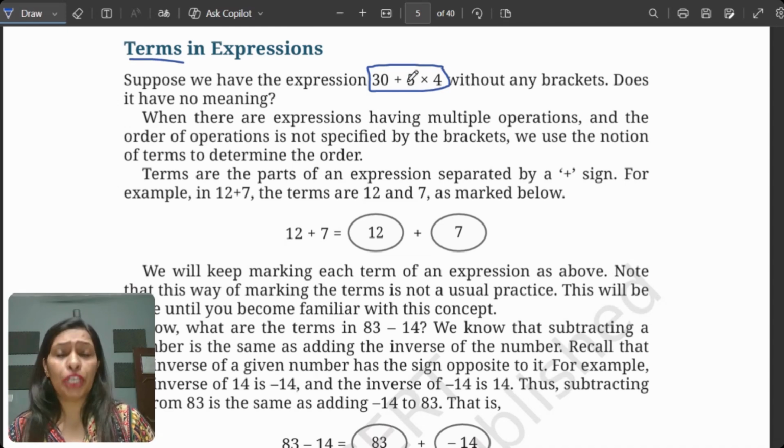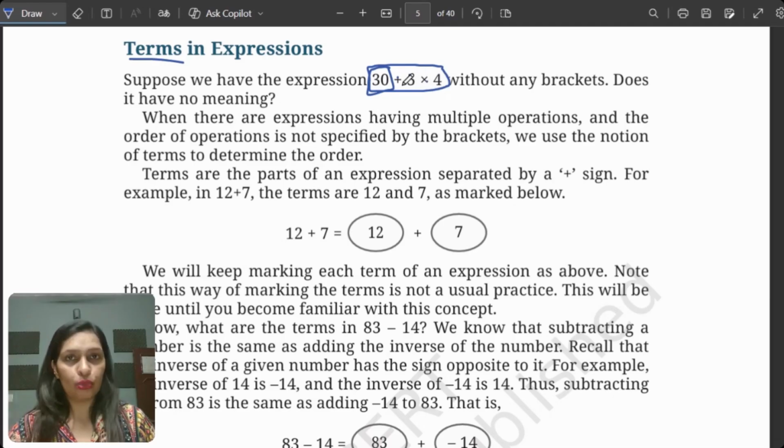So if I want to check how many terms are there in this particular expression, I have first that is 30. And since its plus sign has come, it has just stopped. That means it's 30 only. Then if I say it's 5 multiplied by 4, it's a multiplication sign, so they are not two separate terms. 5 and 4, no, they are not separate.